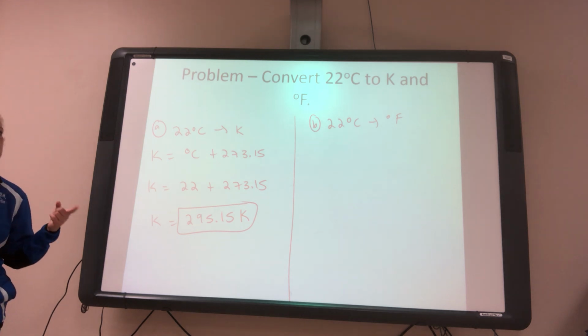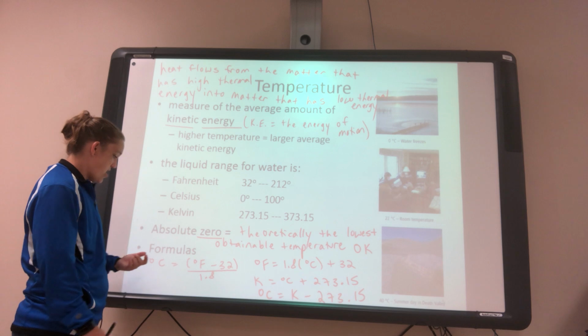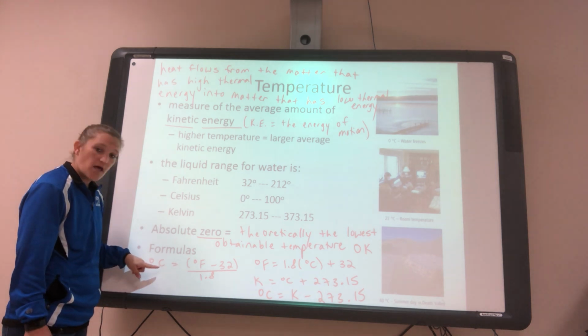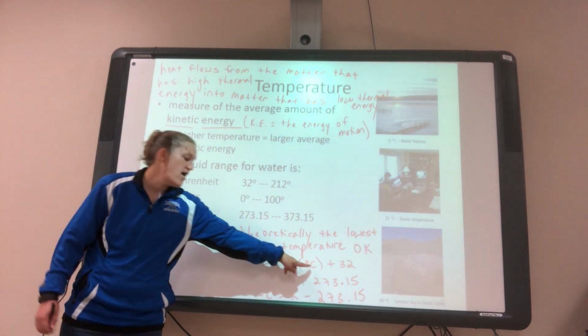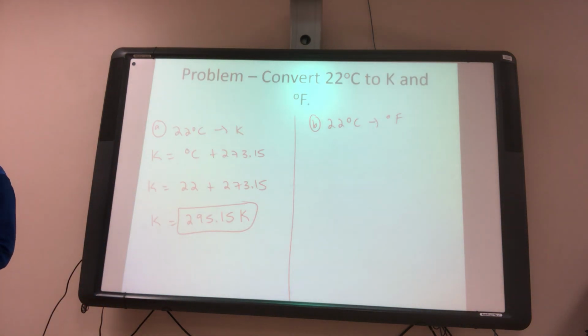22 degrees Celsius to Fahrenheit. So I have Celsius, I need Fahrenheit. So I'm looking for Fahrenheit. So it's not this one, it's going to be this one because I have Celsius, I'm looking for Fahrenheit. So degrees Fahrenheit is 1.8 times the degrees Celsius plus 32.